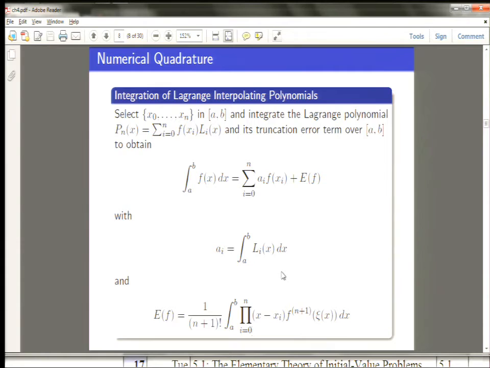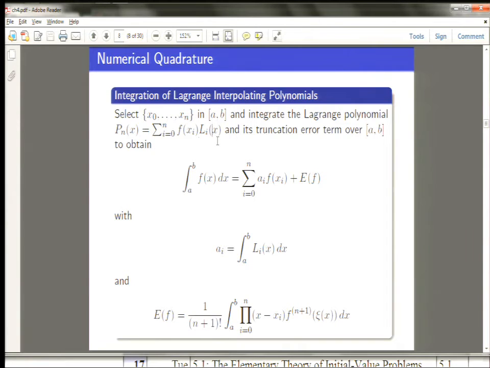Look at this that we have here in the slides, numerical quadrature. The general expression is going to be something like this: when you have the Lagrange polynomial, which is really just a sum of f times L, and you integrate that, what's going to happen? So remember, you see this Lagrange formula coming back over and over. We write a polynomial as a sum over function values times these magical L's, right?